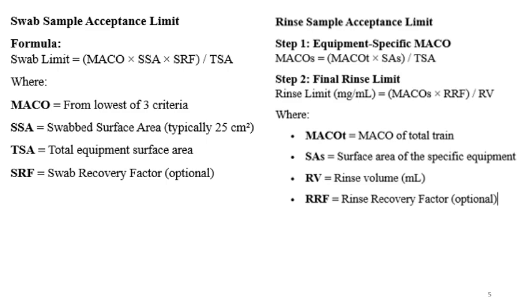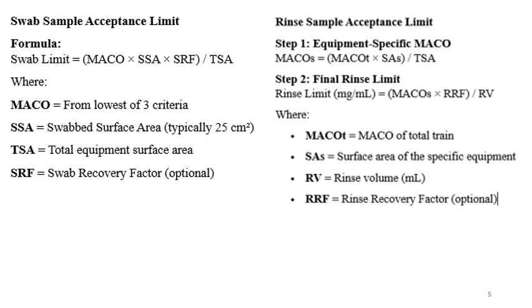SSA is swabbed surface area. Typically it is 25 centimeter square, you can consider. TSA is total equipment surface area. SRF is swab recovery factor. So swab sample acceptance limit can be calculated from this formula.